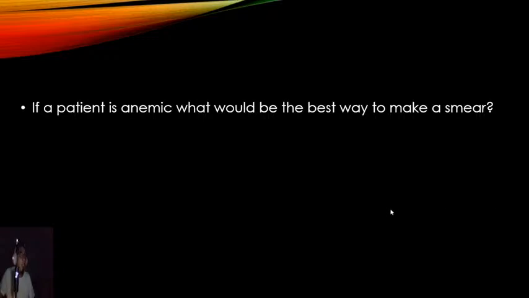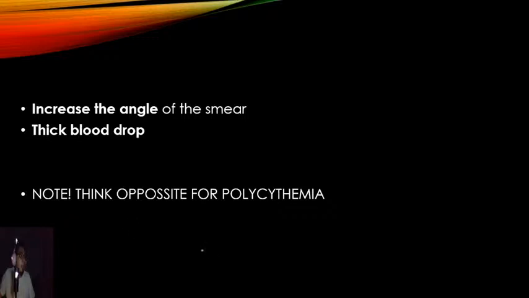If the patient is anemic, what would be the best way to make the smear? Increase the angle and make a thicker blood drop. Think opposite for polycythemia. In the board exam, you'll be given a patient's blood counts.